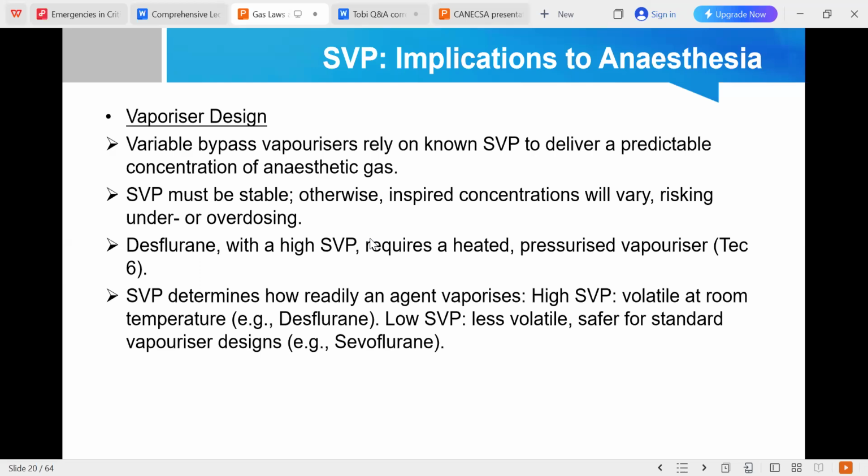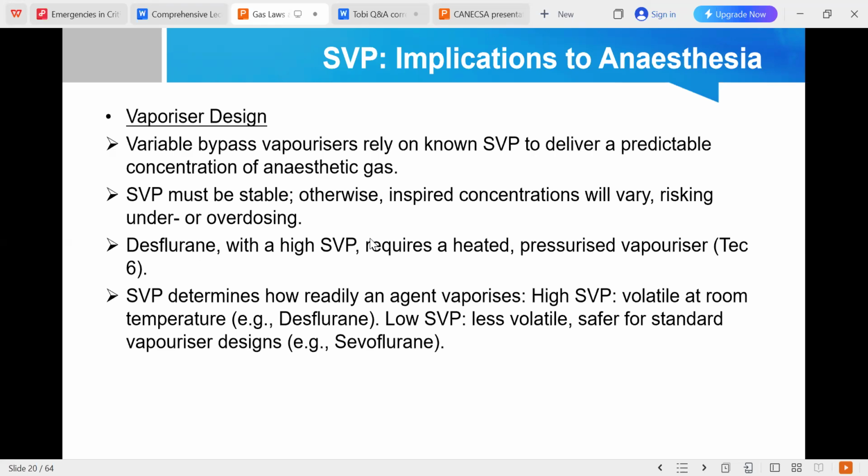The variable bypass vaporizers rely on low saturated vapor pressure, so the saturated vapor pressure must be stable. Otherwise, the inspired concentration from your vaporizers will vary, and this will risk either under or overdosing of your patient with your anesthetic vapor.